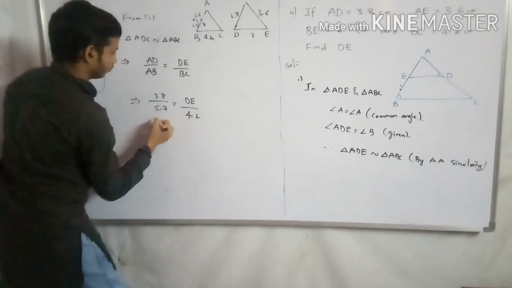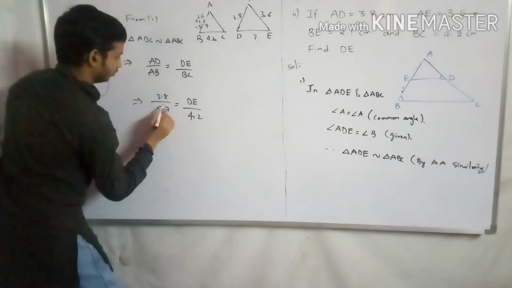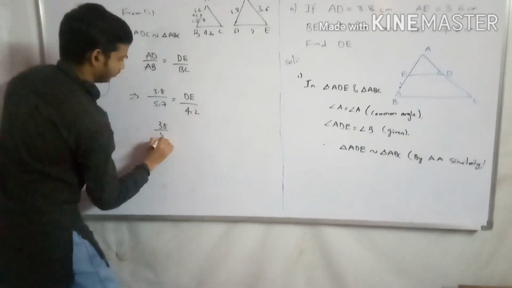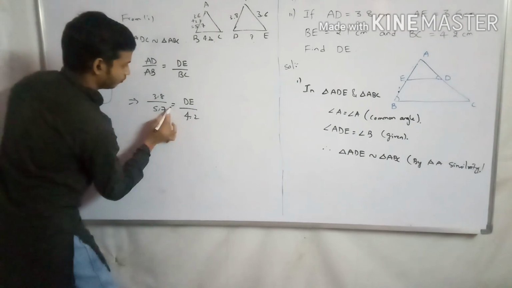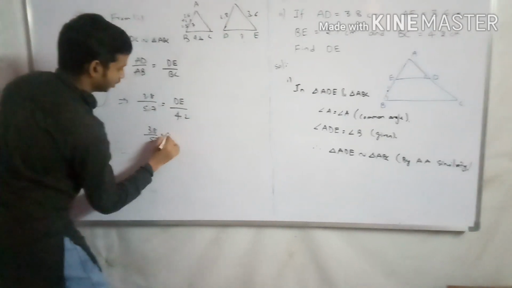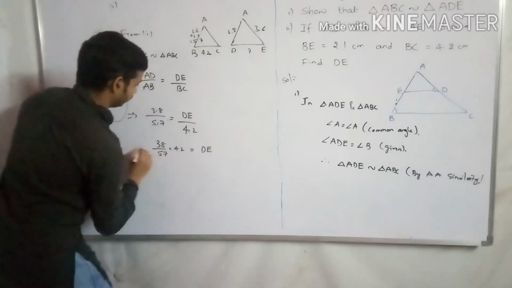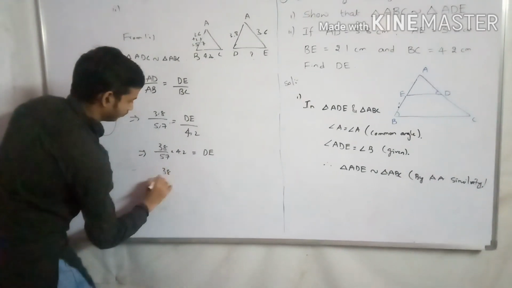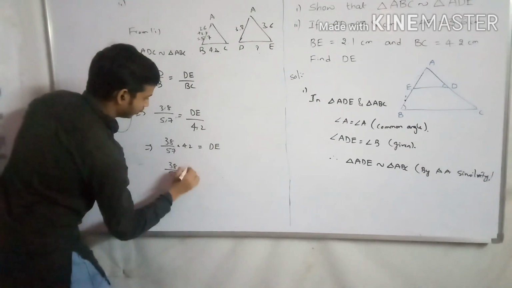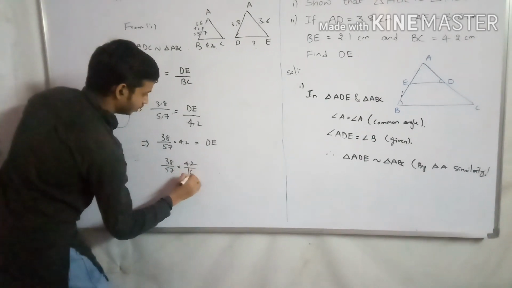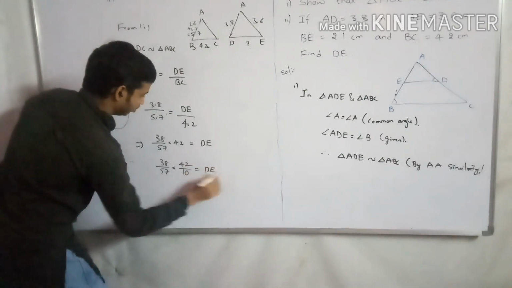One decimal gets cancelled, so 38 by 57. Again, 4.2 comes to the left side and gets multiplied with the left side term. So 38 by 57 into 4.2, which can be written as 42 by 10, equals DE.